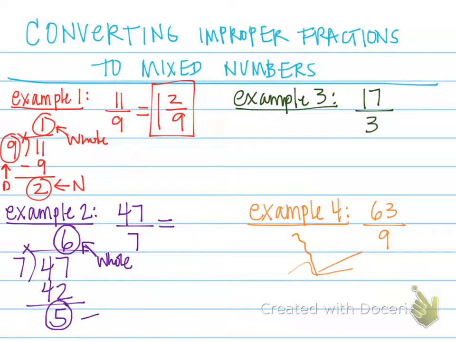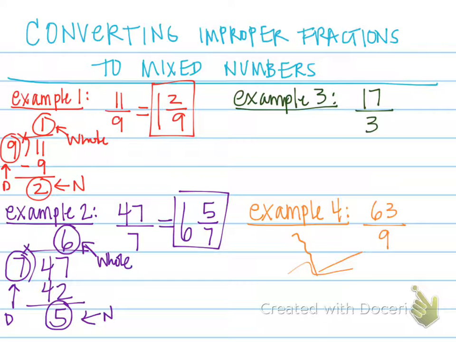This remainder is going to be my numerator. Think about it. This one is smaller than this one over here. The smaller one goes on top in order for it to be a proper fraction. So this makes this my denominator. So my mixed number, I'm going to have 6 whole and 5 in the numerator and 7 in the denominator. 6 5/7 is my mixed number.